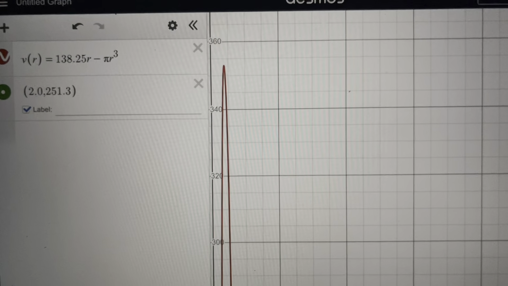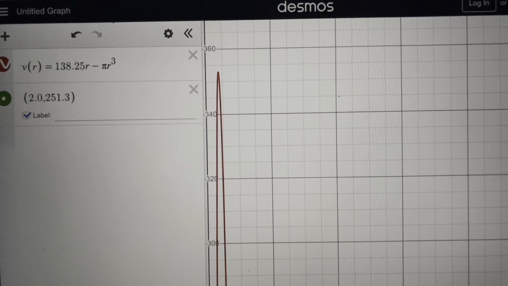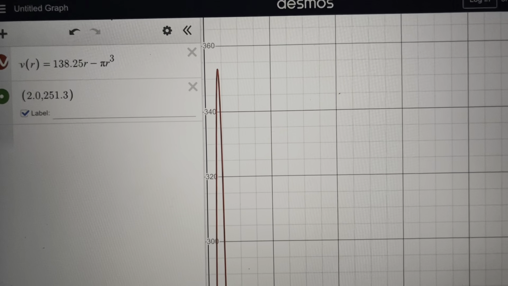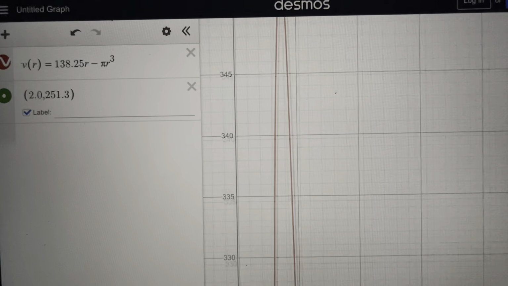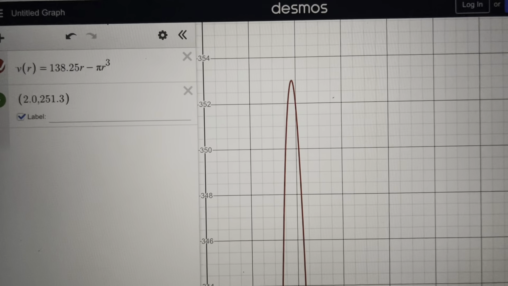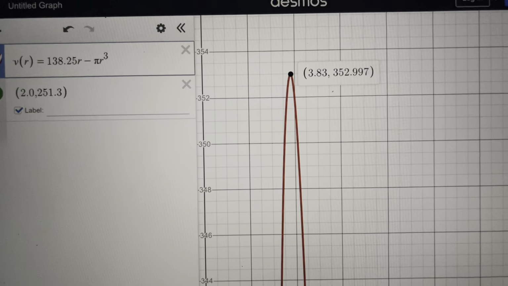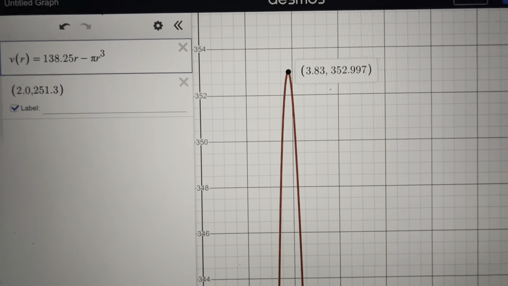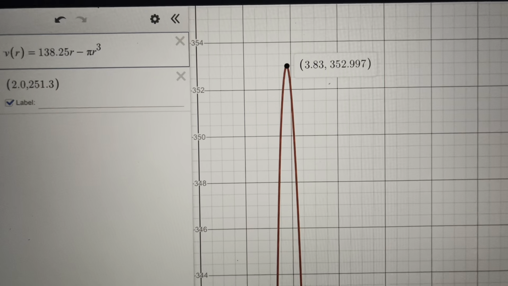So now what I do is I go to Desmos.com, and I put in my volume equation in terms of R. Notice that's that 138.25 R minus pi R cubed. That's volume as a function of R. Look what happens to the very maximum point here if I consider only positive R's. At the very maximum, I've got an R value of 3.83. Remember, when we did our calculus, we found 3.83 and we rounded it to 3.8.